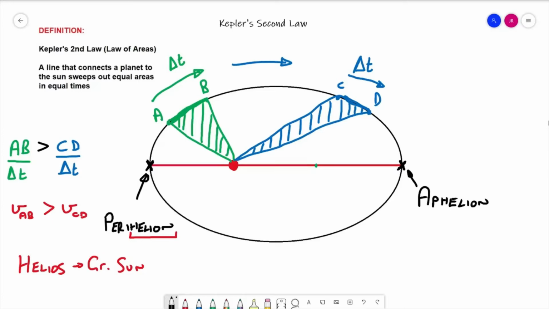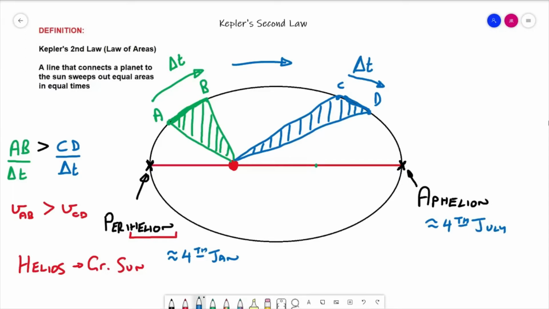Now, just to give you a bit of context, normally on the Earth's orbit, we reach perihelion on approximately the 4th of January, and we reach aphelion on approximately the 4th of July. Now that does vary.